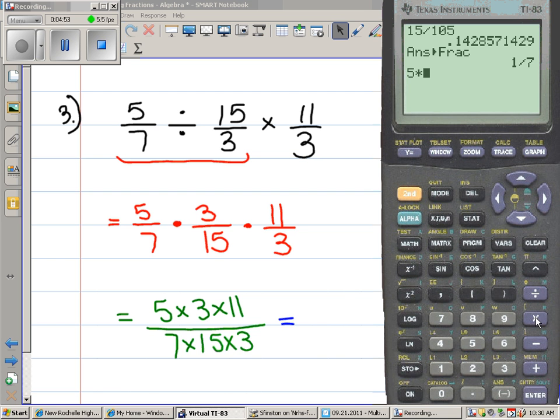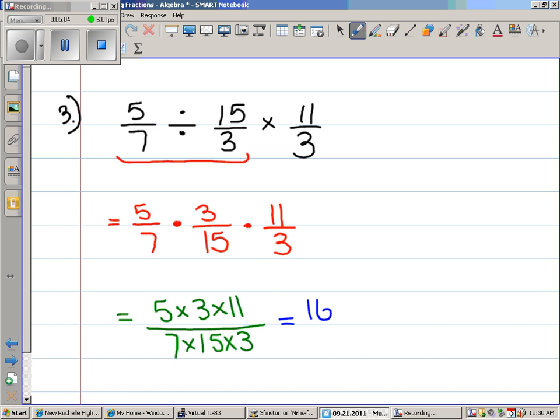5 times 3 times 11 is 165. Nice. Steph, what'd you get for the bottom? Guys, what are you doing in the bottom?